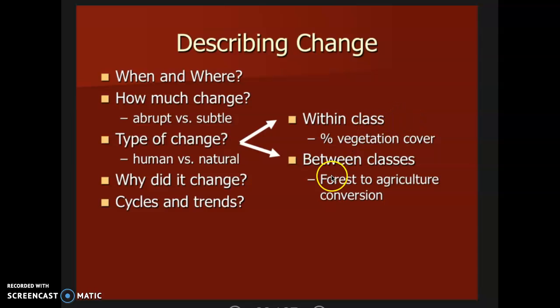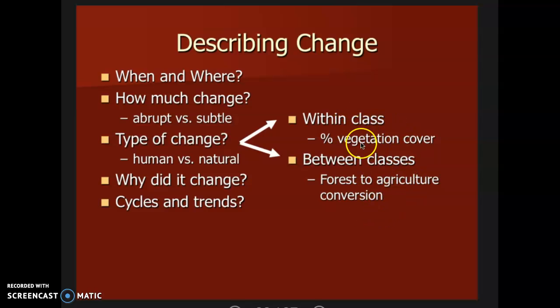Or are you going between classes? Are you going from forested to agriculture, right? Which are 2 different level 1 classes. So is there a conversion from one level 1 classification to another?